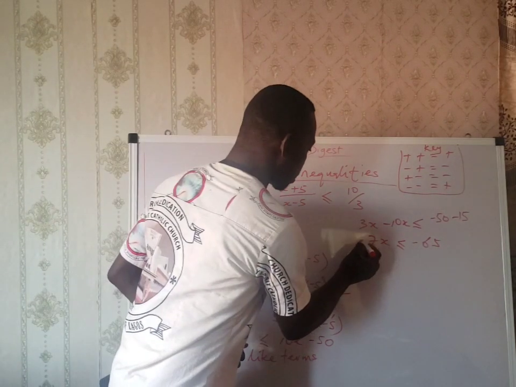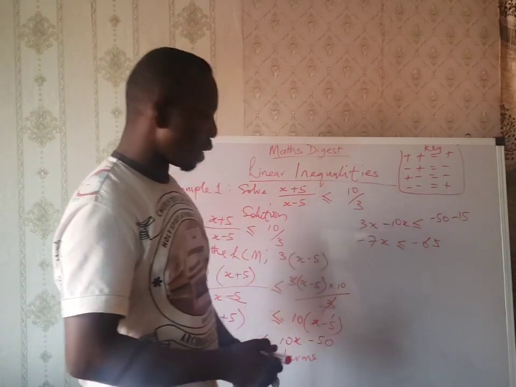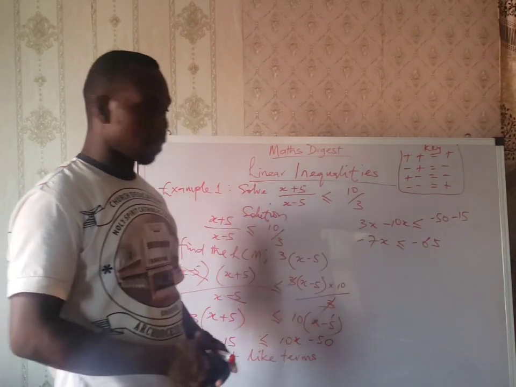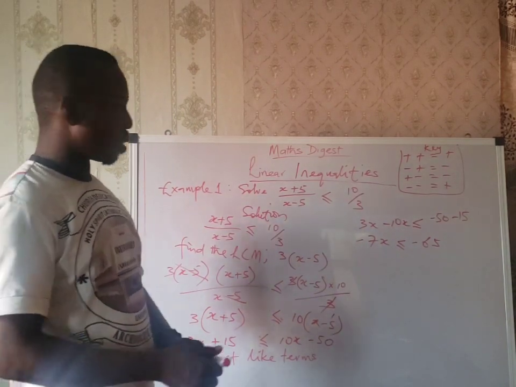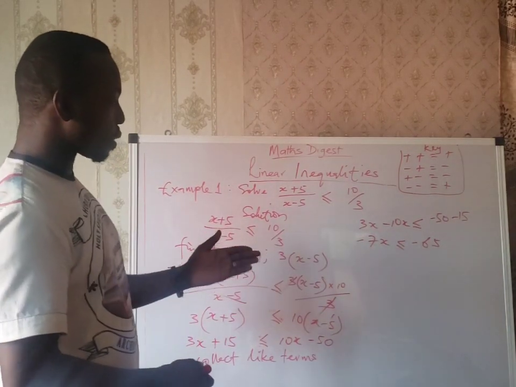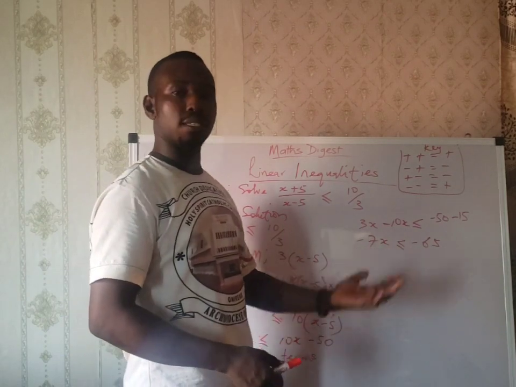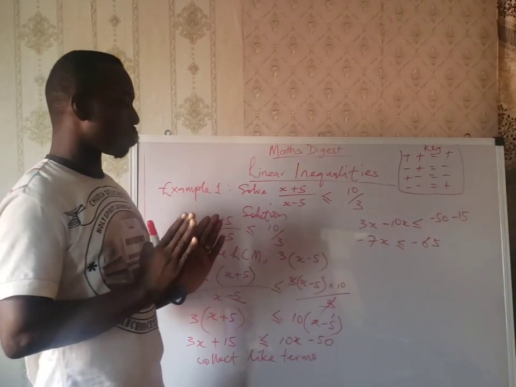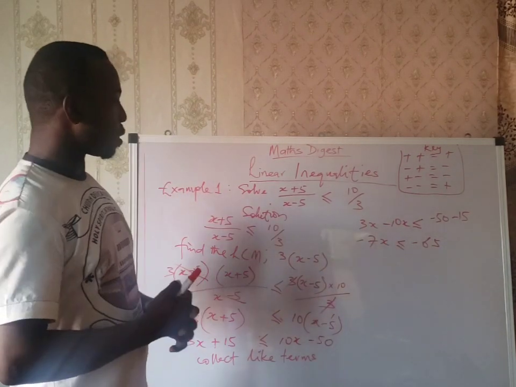Remember, this is negative here because I'm still owing: minus 7x. At this point, we are going to divide both sides by minus 7 so that this variable x can stand alone, because that's exactly what we're looking for in this inequality.